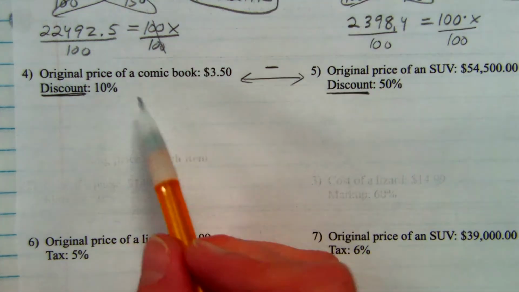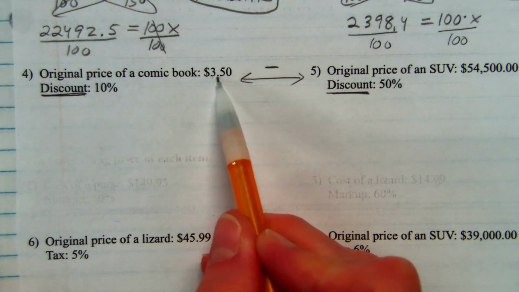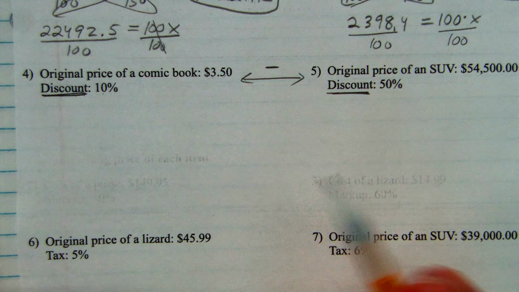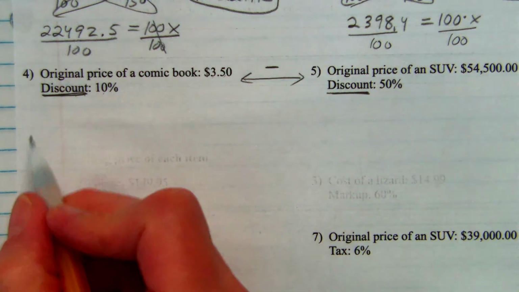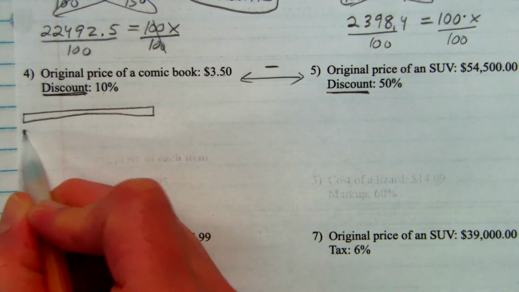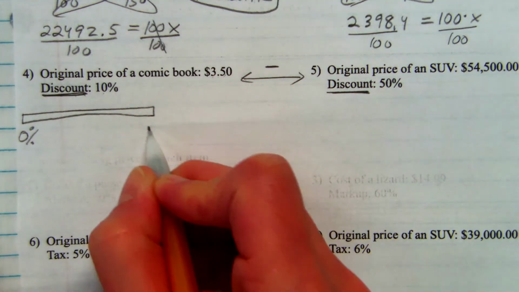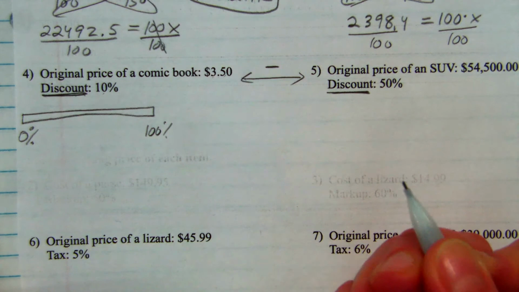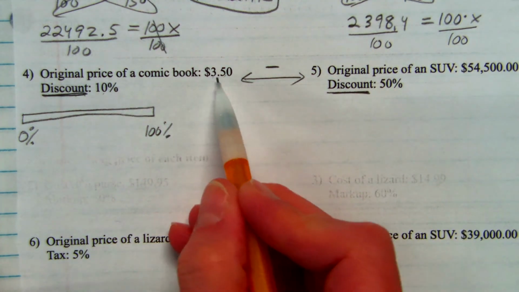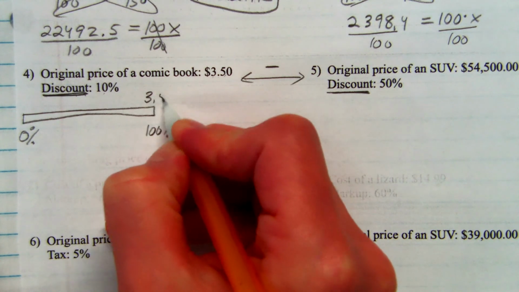So the original price of a comic book is $3.50. Our discount is 10%. So I'm going to go through this a couple of different ways. First, I'm going to do the percent bar because the percent bar works for all of these problems. So we have 0%, 100%. And so the $3.50 goes with the 100%.